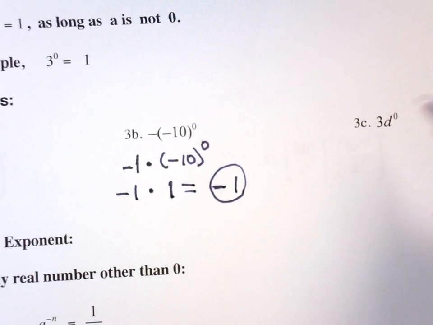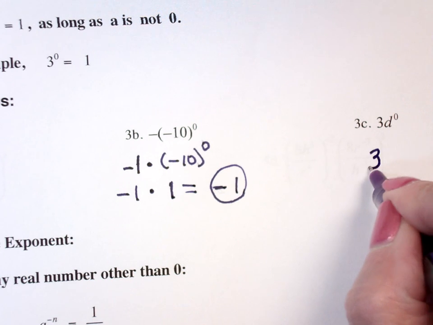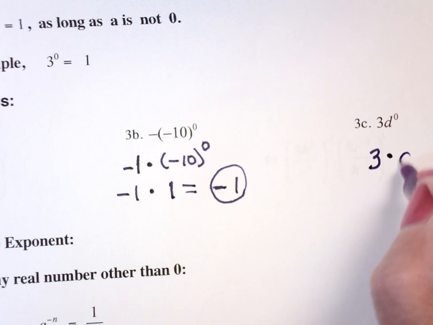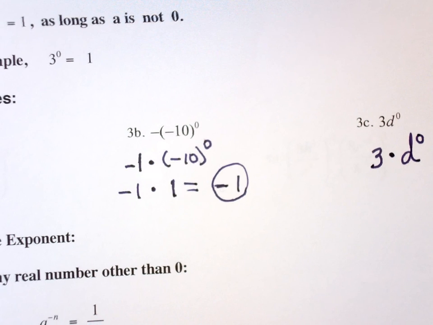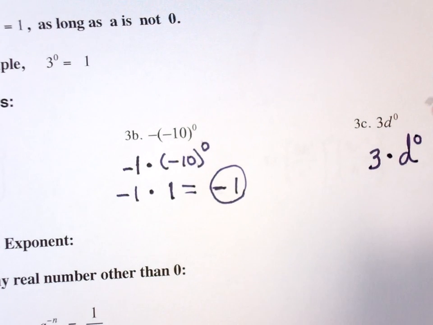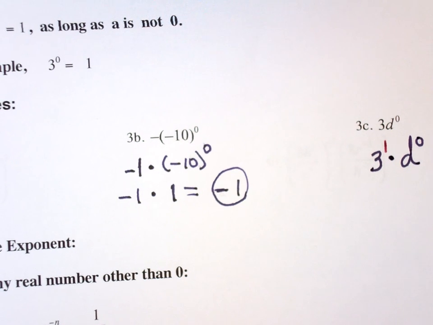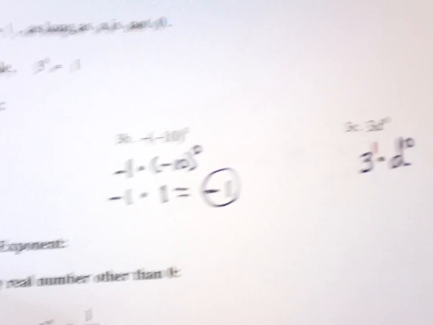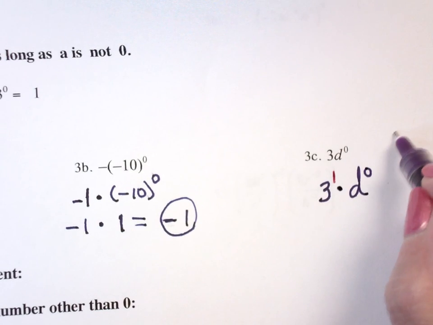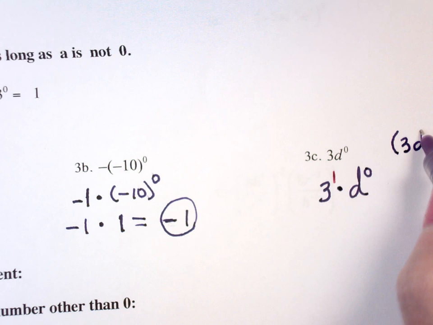Now, this one can be kind of tricky, too, because it says take 3 and then multiply it times d to the 0 power. Now, when I look at 3d to the 0 power, I usually come in and I put a 1 in, because 3 has an exponent, it's 1. It is not attached to that d. And you're going to say, well, what if it were? If it were, I'd have 3d in parentheses to the 0 power.